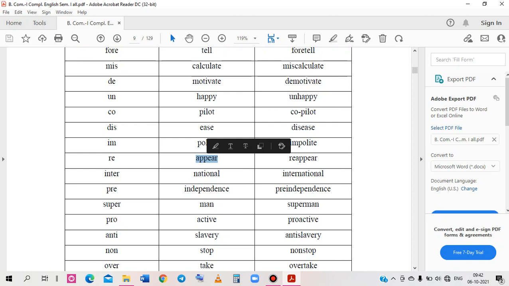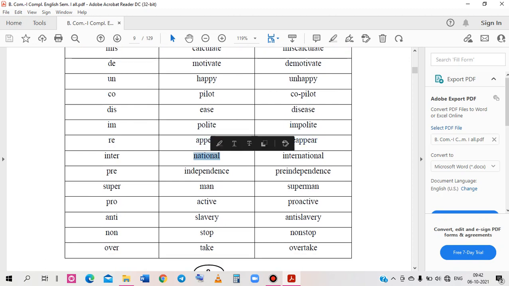Appear, reappear: re is a prefix. National is a root word. Nation is also a root word. Then it becomes international, or if you add a suffix, it becomes nationality. Independence, pre-independence. Man, Superman. Active, proactive.